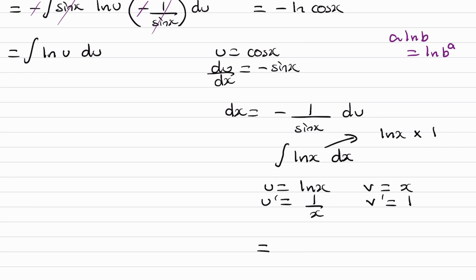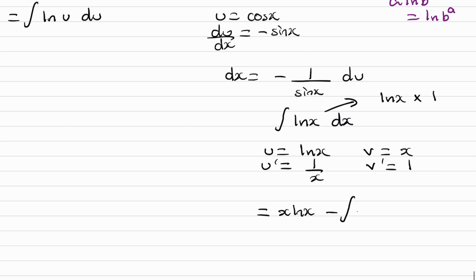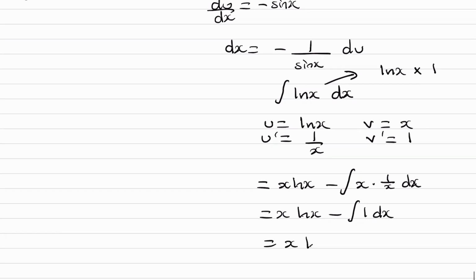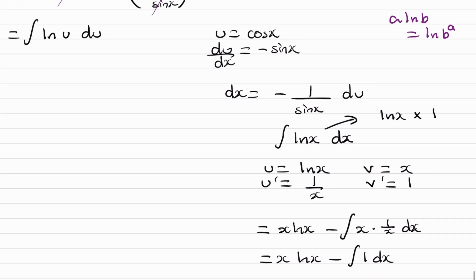Put this in the formula, so the formula is u times v, x ln x, minus the integral of v u dash, so v times u dash, which is just x ln x minus, so x times 1 over x would just be 1, so minus the integral of 1, which is just x ln x minus x. x ln x minus x plus c, therefore this will be u ln u minus u plus c.